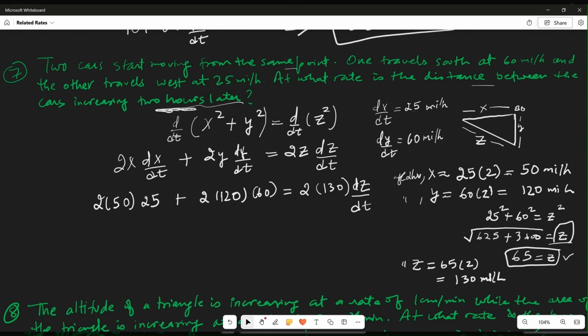We have 50 times 2, 100 times 25, 2500, plus 120 times 2, which is 240, times 60, which is 14,400, divided by 2 times 130, so 260.